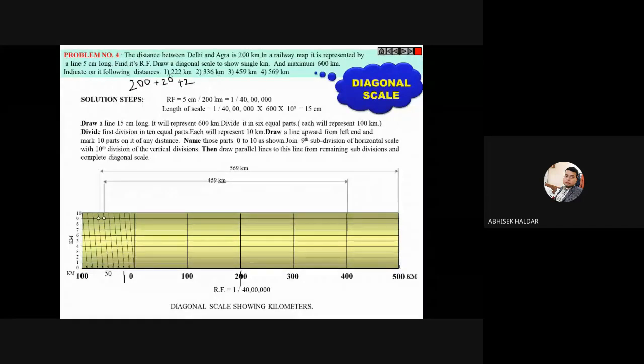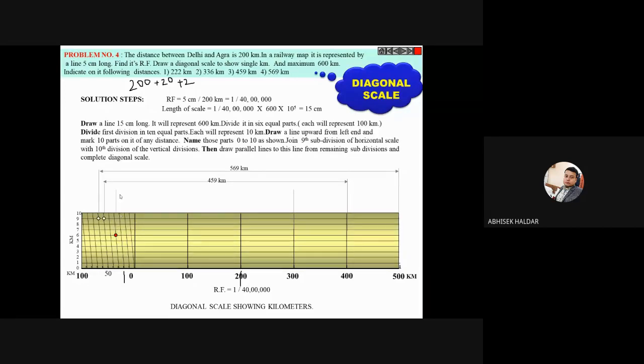Let me quickly show you the other two also, 336 and 222. So 336 means 0 to 300, that is my 300 kilometer. 30 means from 0 to 10, 20, 30. This is my third point. 6 means 1, 2, 3, 4, 5, 6. This is the point, see my cursor.